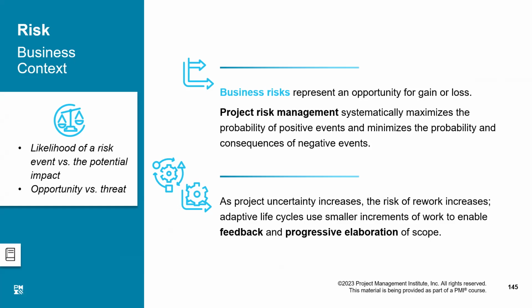But from the risk management point of view, this is not that simple. Risk management systematically maximizes the probability of positive events, I mean the good risks, the opportunities. For opportunities, we want them coming. We welcome them. Therefore, if there is a positive risk or an opportunity in our way, we would like to embrace it.